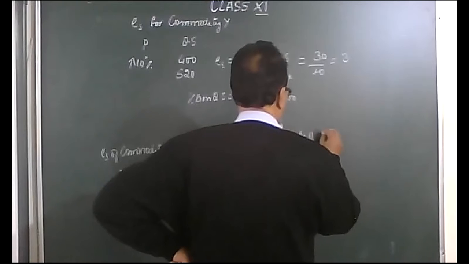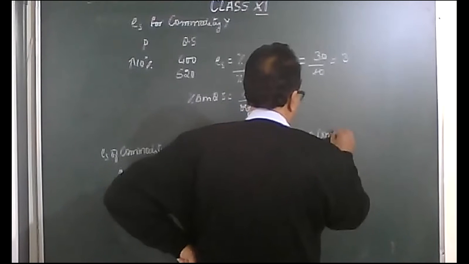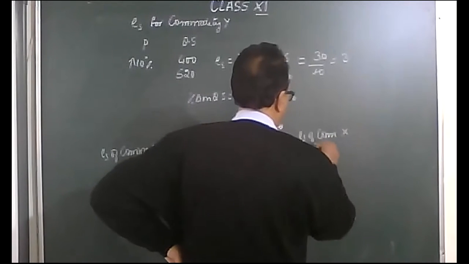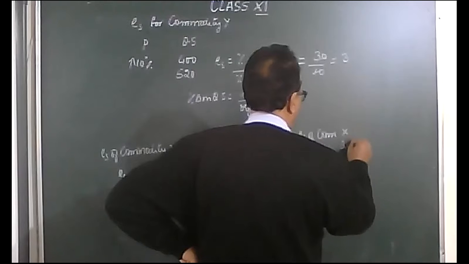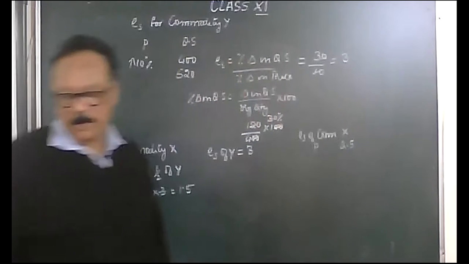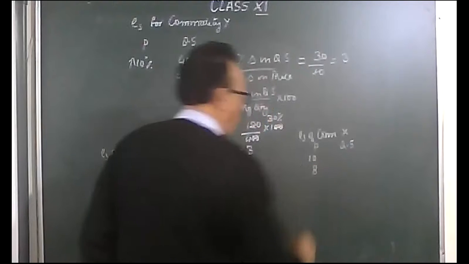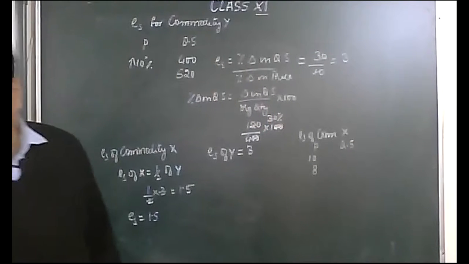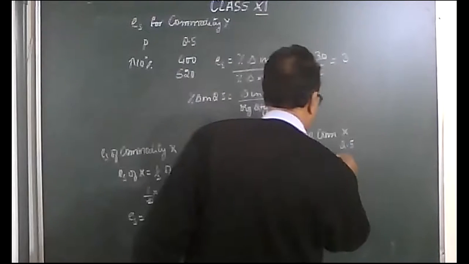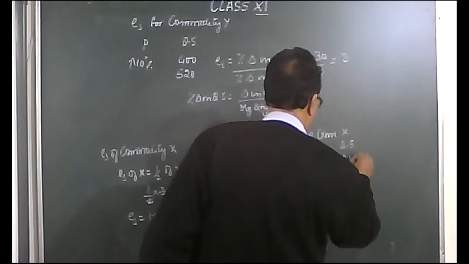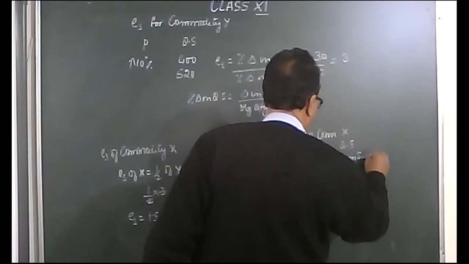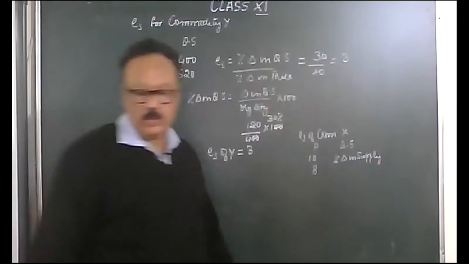Elasticity of commodity X, I'm writing in small p and quantity supplied. The price is given from 10, it comes down to 8. And what are we supposed to do? Find the percentage change in supply. This is what we have to do.